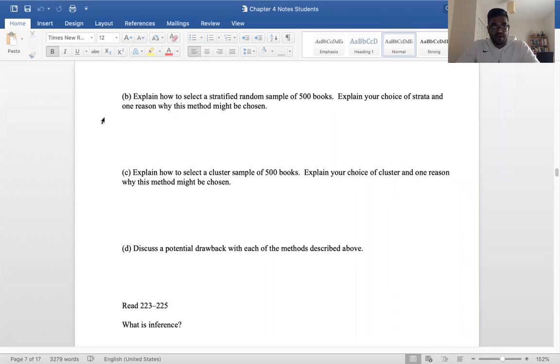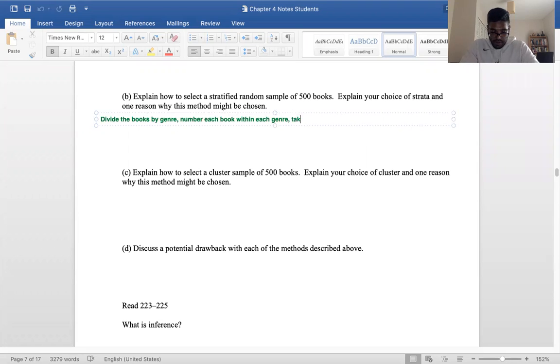And how could we do this with strata? Well, we could divide the books by genre, because we know they're divided by genre. Number each book within each genre.